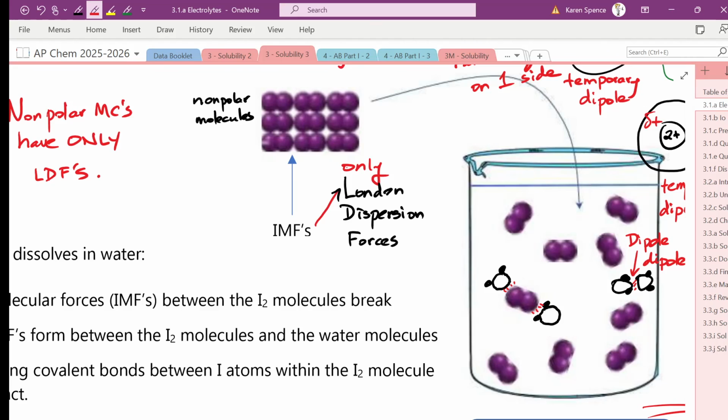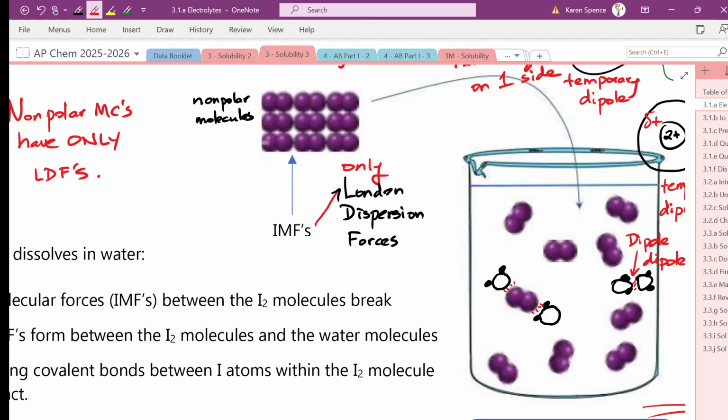It's another one of those ones where the name says it all. So yeah, we got a dipole. The water's a dipole. So we usually put the dipole first. So we can say dipole, and then we say induced dipole.